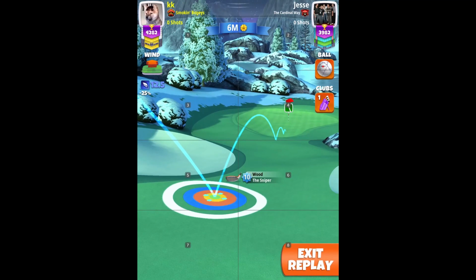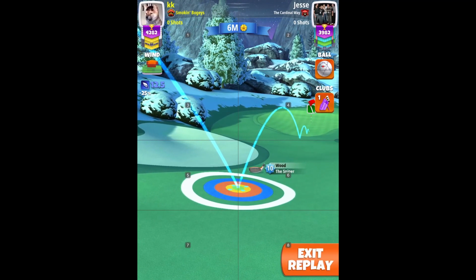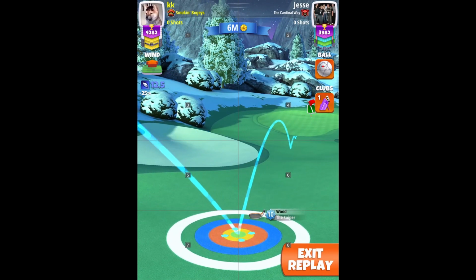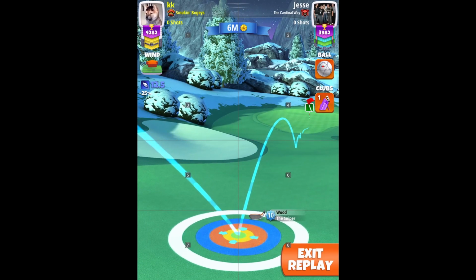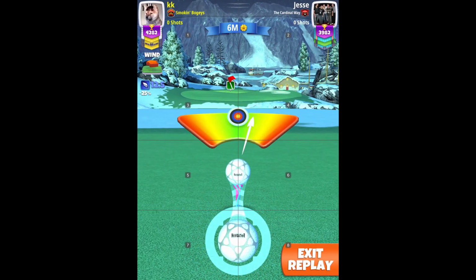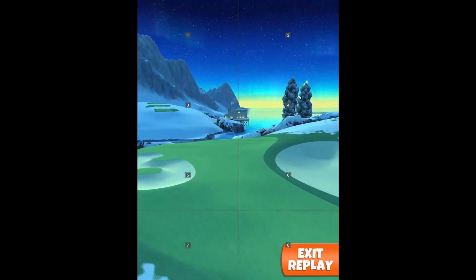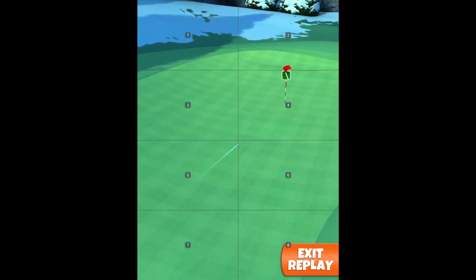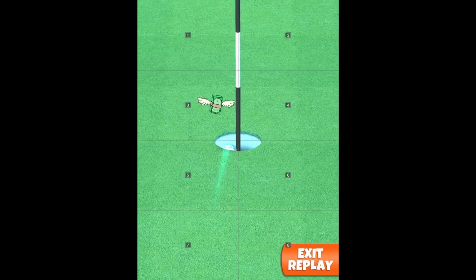And I'm adjusting plus 20% mid. Got a good angle. Mahoney.